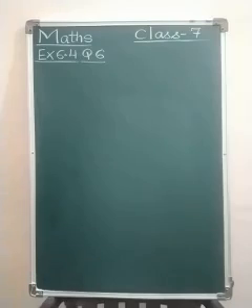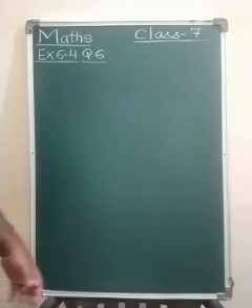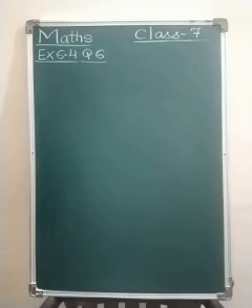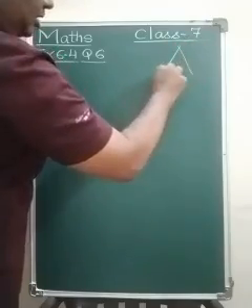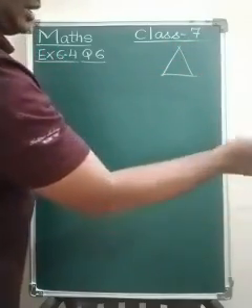Okay, the last sum of exercise 6.4, that is question number 6. What the question says: the lengths of two sides of a triangle are 12 centimeter and 15 centimeter. Between what two measures should the length of the third side fall? So there is one triangle. You don't have to draw the question figure. This is only for your understanding.